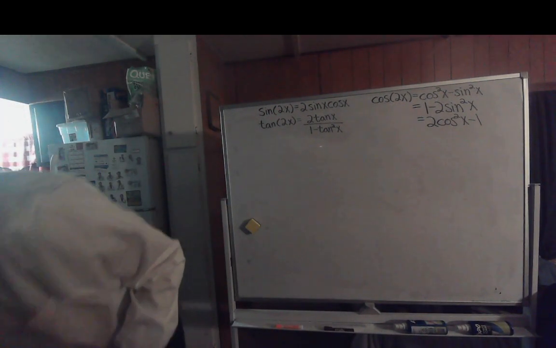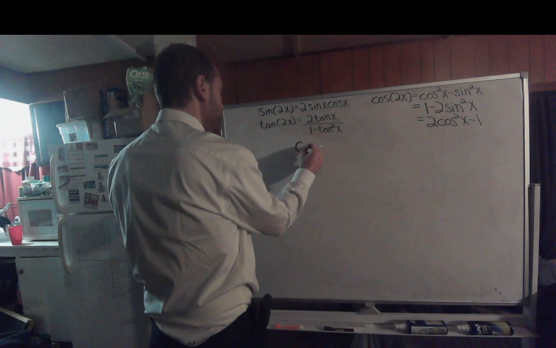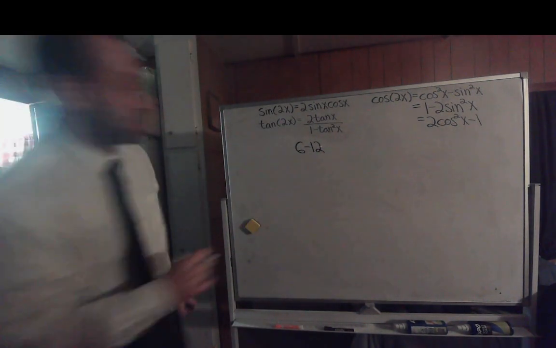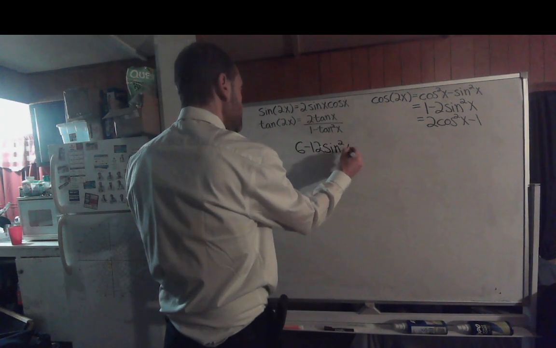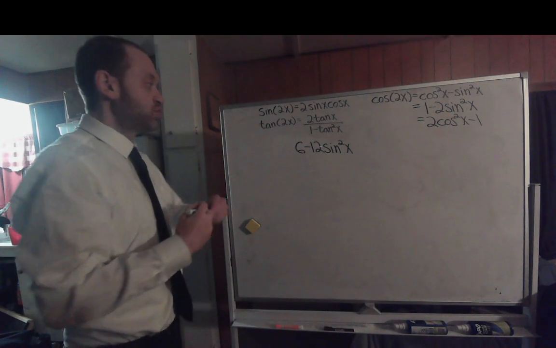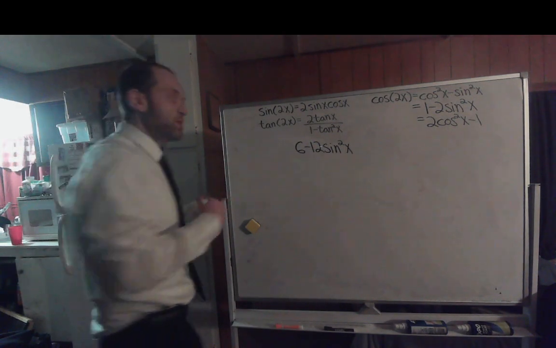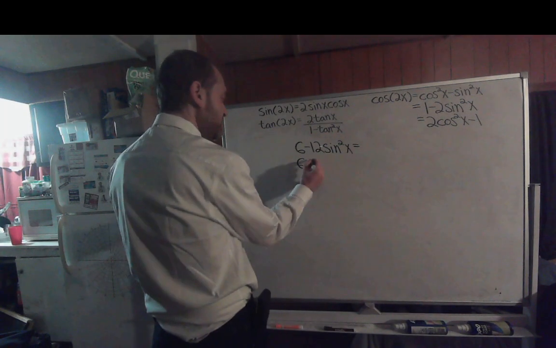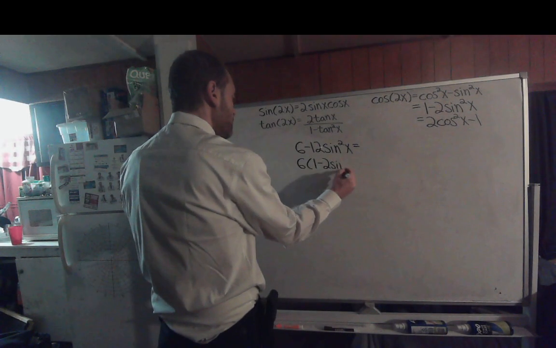Alright, 2 more. So we have 6 minus 12 sine squared of x. I think first thing we should definitely do is factor out that 6. So this would turn into 6 times 1 minus 2 sine squared of x.